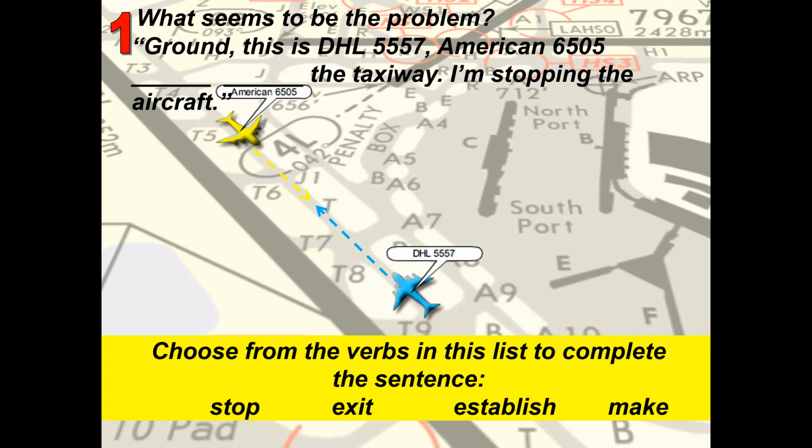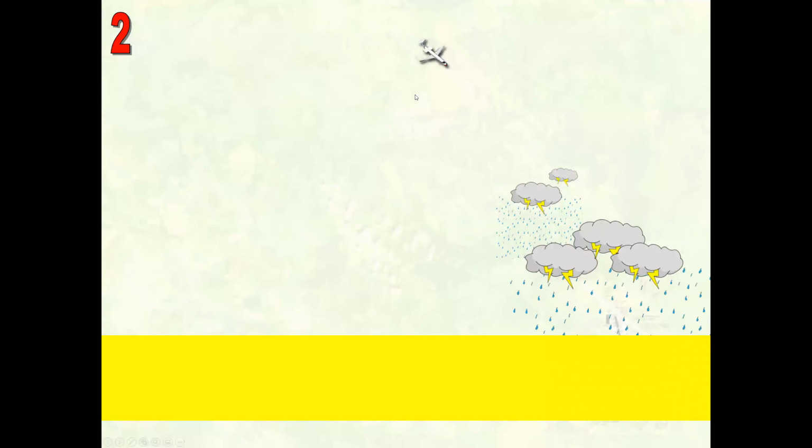Your concern is, has he stopped, has he exited, has he established? What would you choose? American 6505 hasn't exited the taxiway. Yes, hasn't is correct. They put haven't, but hasn't exited the taxiway. If they talk about the crew, American 6505, then you would say they haven't exited the taxiway. But good.